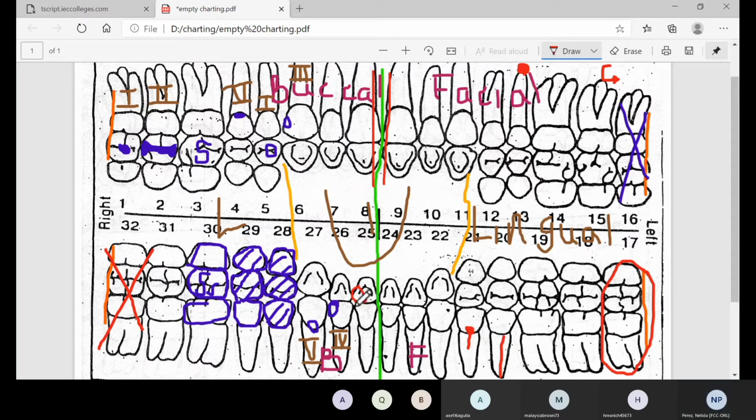In the front. Not buccal. Incisal. So this here is where the tongue is. What's that other surface? Lingual. Yep. So here we go. We have a D-I-L. This is on the lingual side. Any of these surfaces here closest to the tongue are the lingual side. So this is a D-I-L and it's in red.